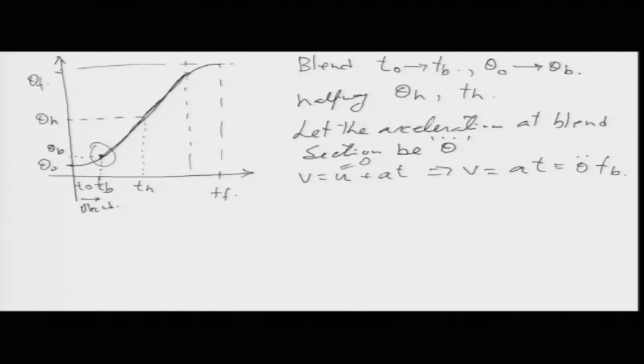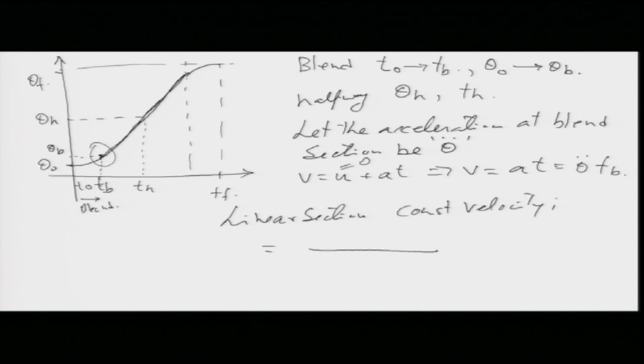So, for the linear section, a constant average velocity is there, and this constant velocity is equal to theta h minus theta b, so it is this distance, by this time, T h minus T b. So, this is my linear velocity which is coming here.